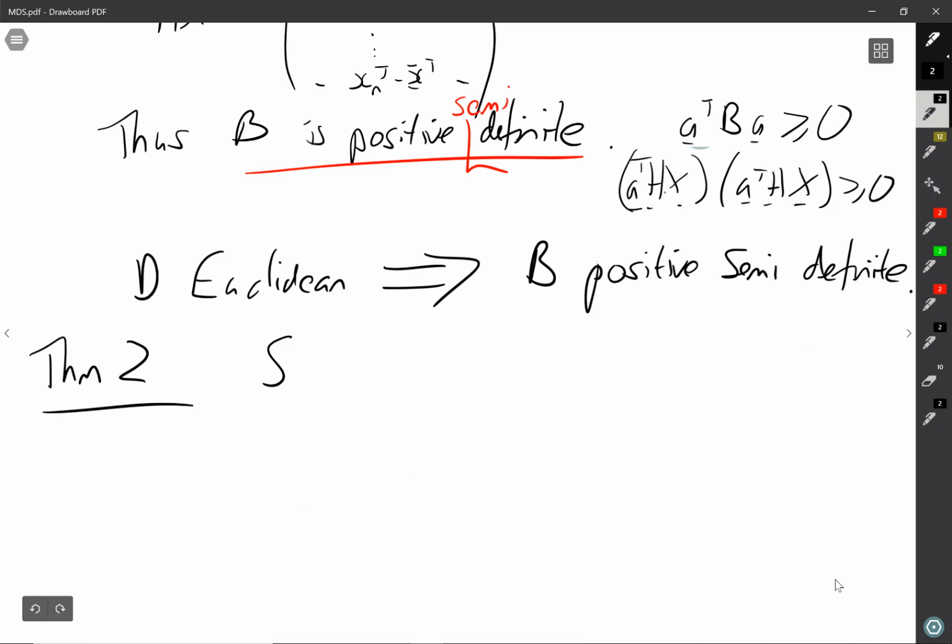It says, suppose B is positive semi-definite.